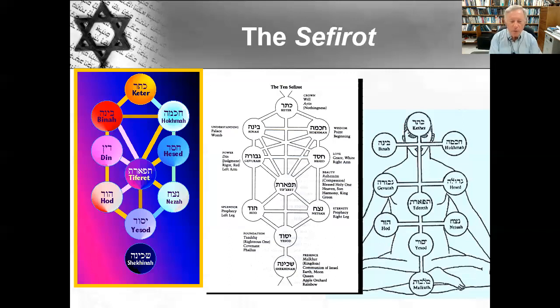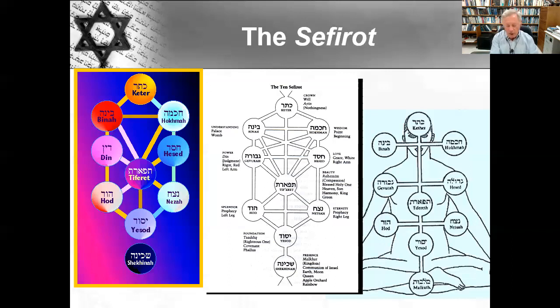The Sefirot, the word Sefirot comes from the word for counting. And by studying these texts, the Kabbalists, the authors of the Zohar, and later commentators come up with an insight into the nature of God.